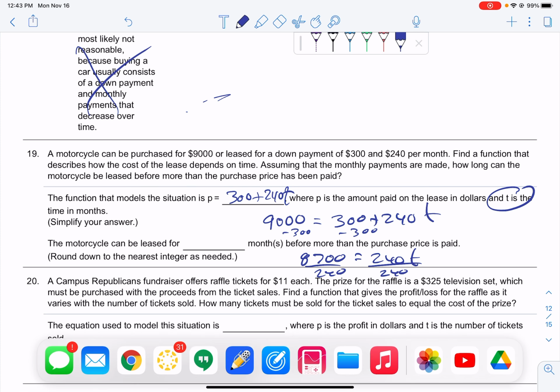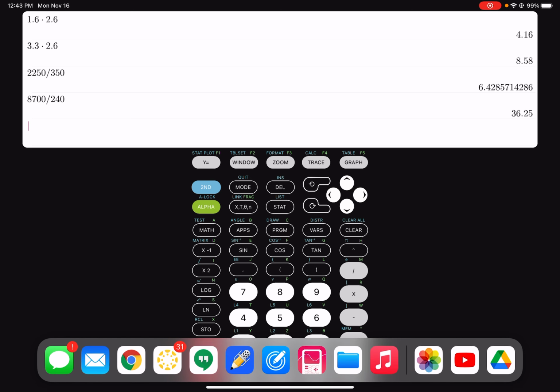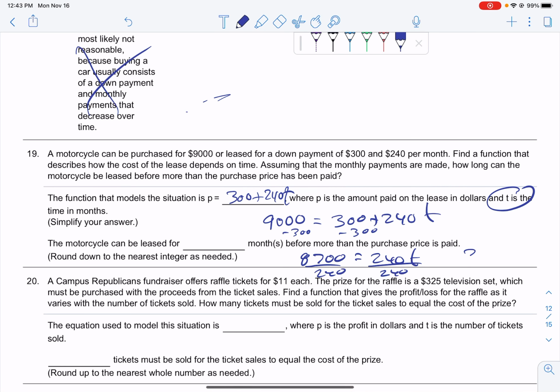So 8,700 divided by 240, you can lease the motorcycle for 36.25 months. So you can lease it for 36 months before the purchase price is paid. At 37 months, now you're paying more than if you had just bought the motorcycle.